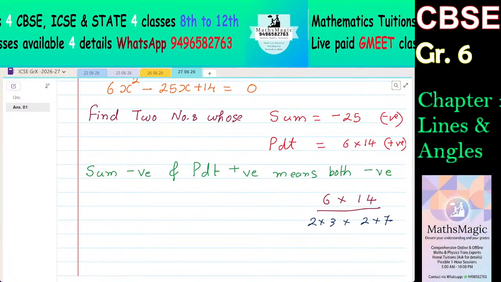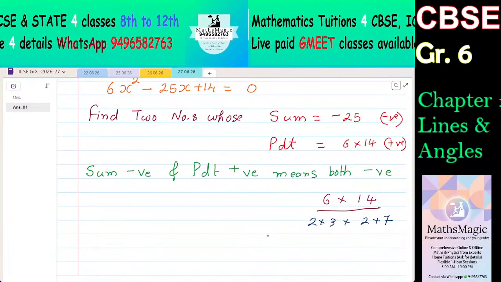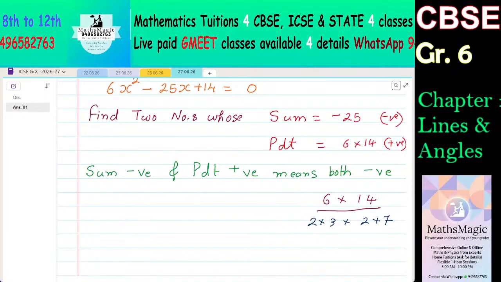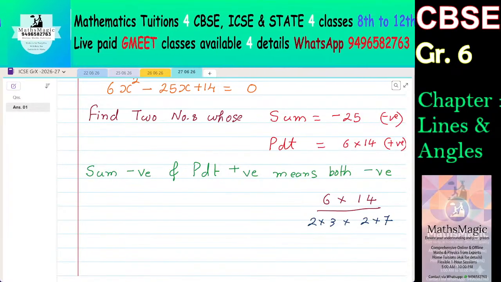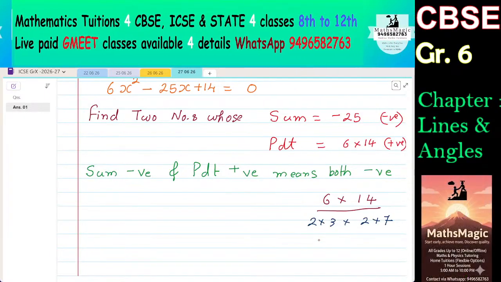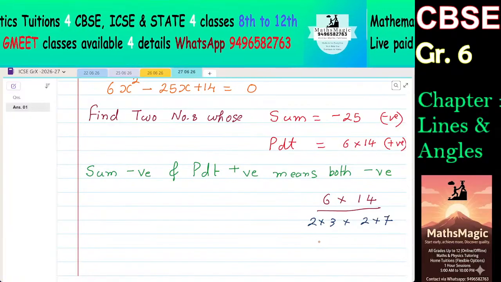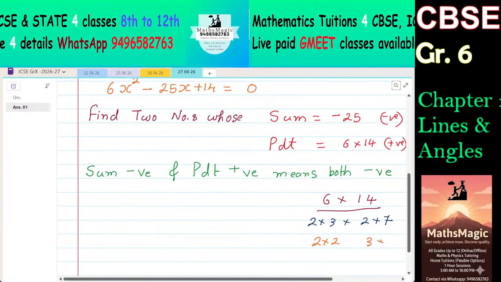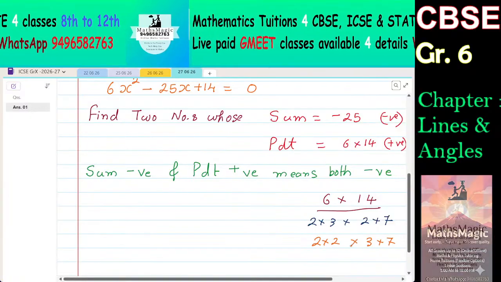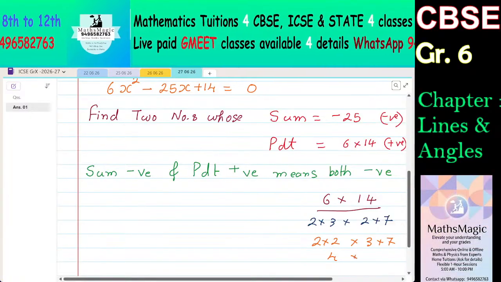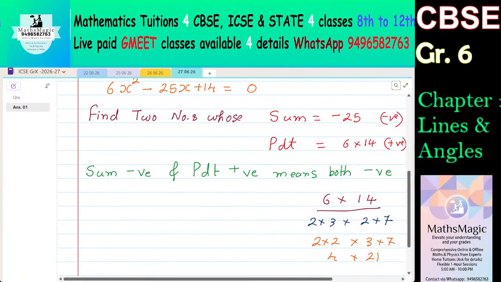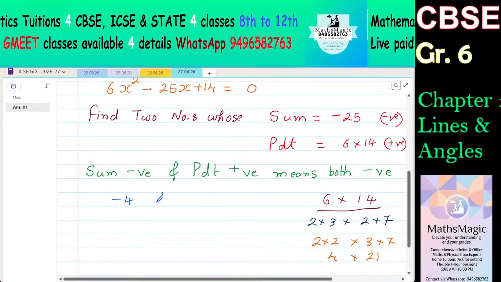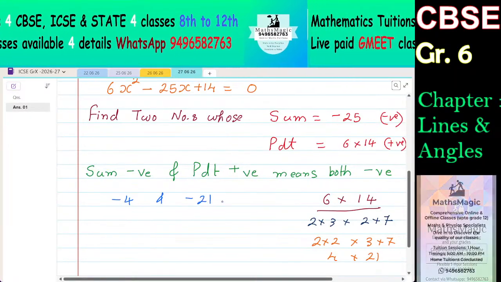So now we have all the factors. Just need to check a simple combination. Yes, that is 2 times 2, 3 times 7, which is 4 times 21. You have the pair, that is negative 4 and negative 21.